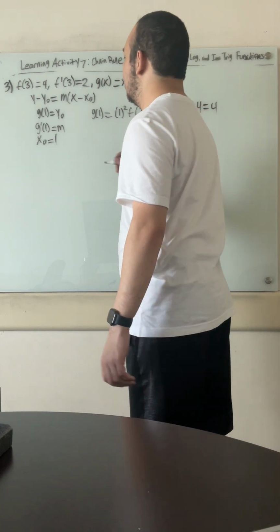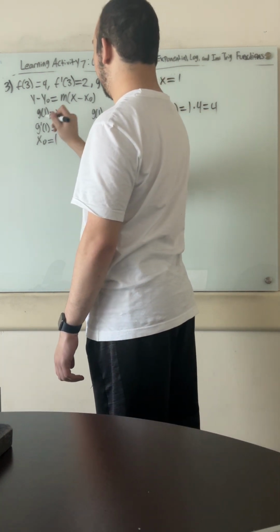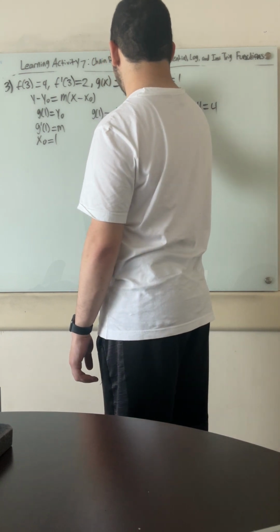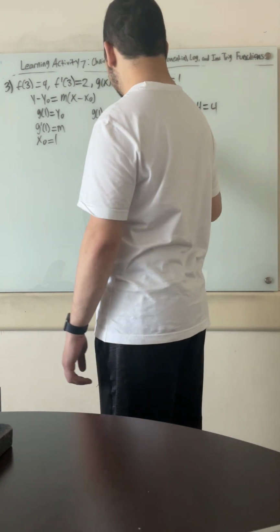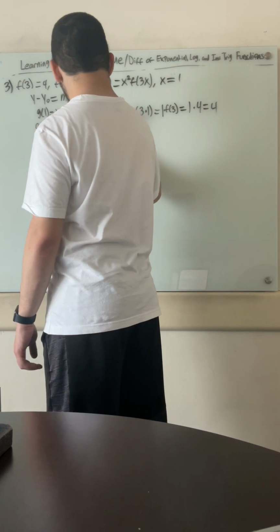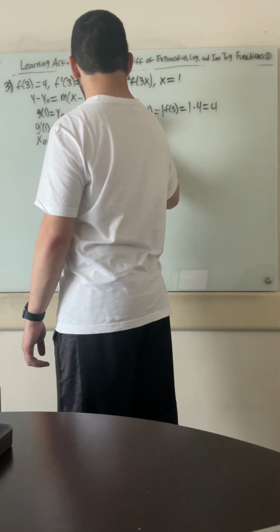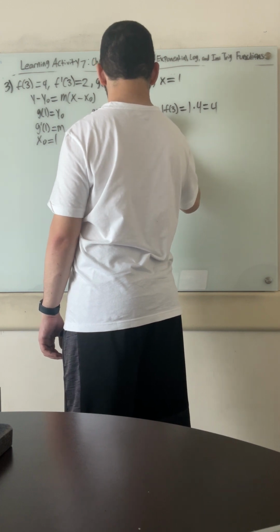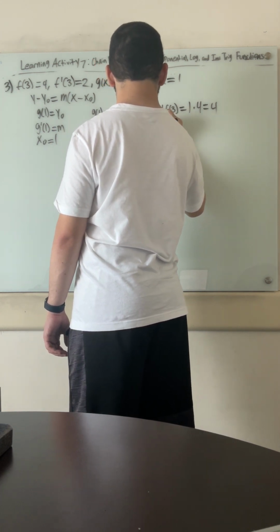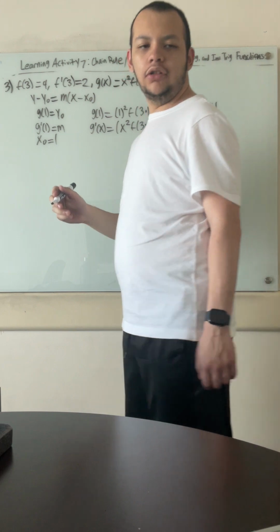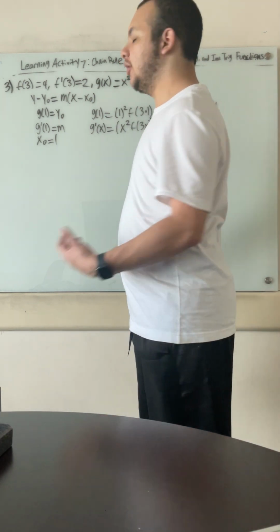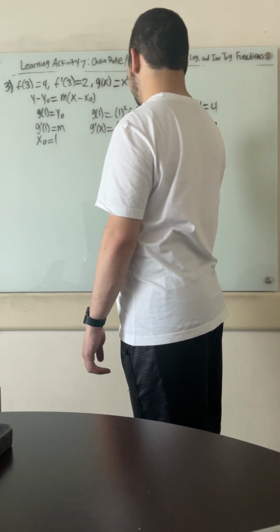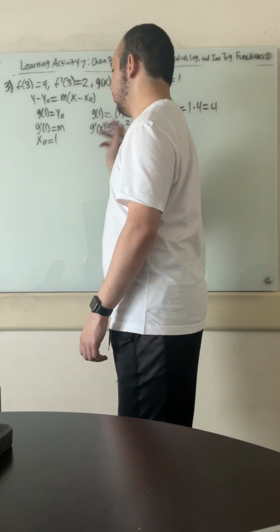That's our y0. All right, now to find g prime of 1, what we have to do is take the derivative of x squared f of 3x. So let's begin by taking the derivative of this function. And also we have to evaluate it at x equals 1, because that's going to be our g prime of 1, sorry.